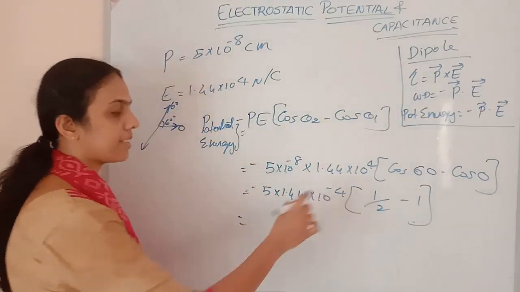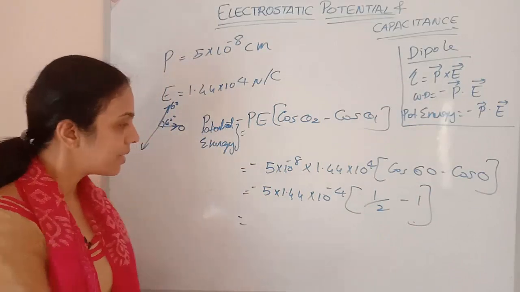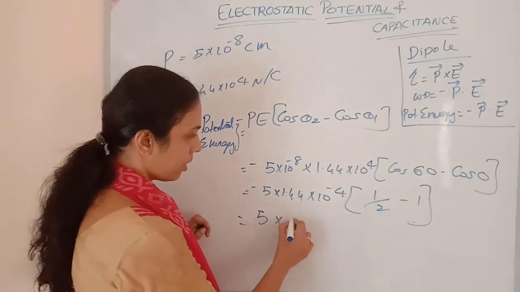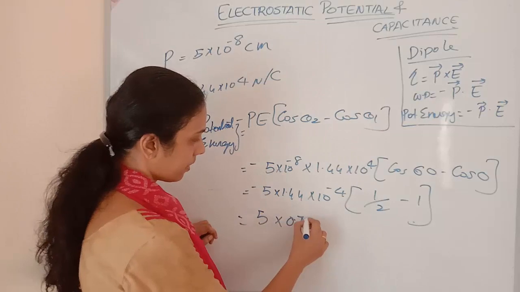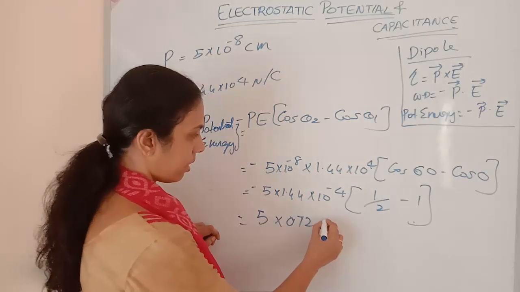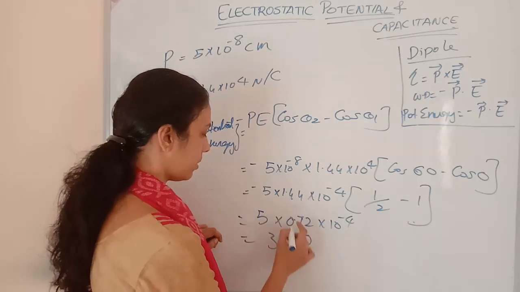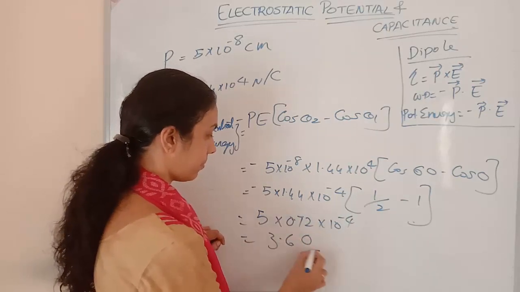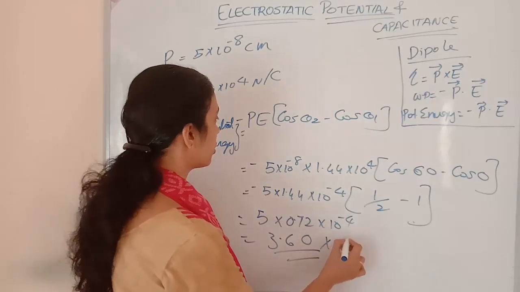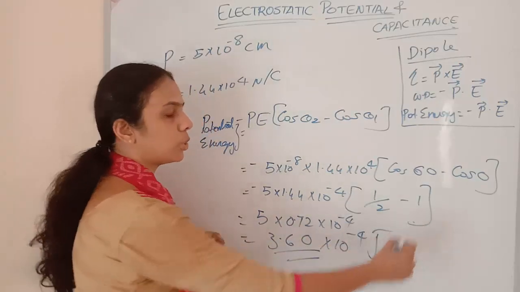So we get the answer as 3.6 into 10 to the power minus 4. What is the unit? Joule.